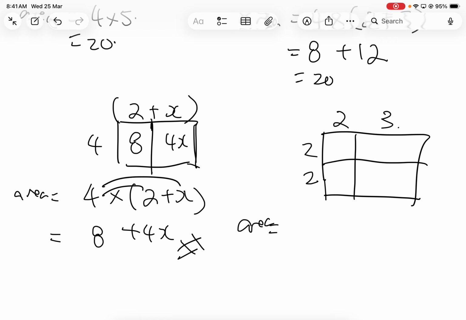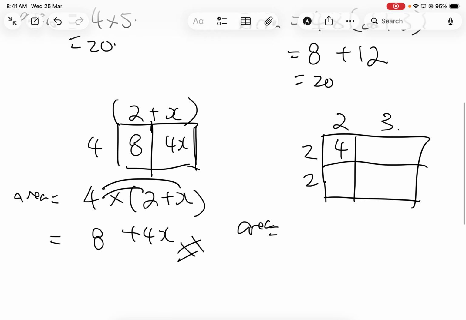So end up, I will have this area. It is the same one. So how do I get this area over here? 7 times 5x is 35x. Then I still have this part over here. This part is 7 multiply 4.